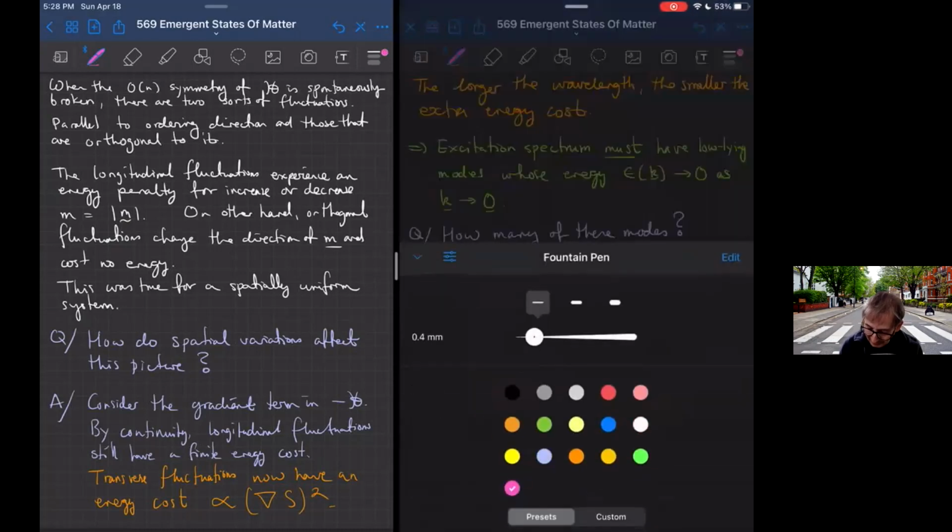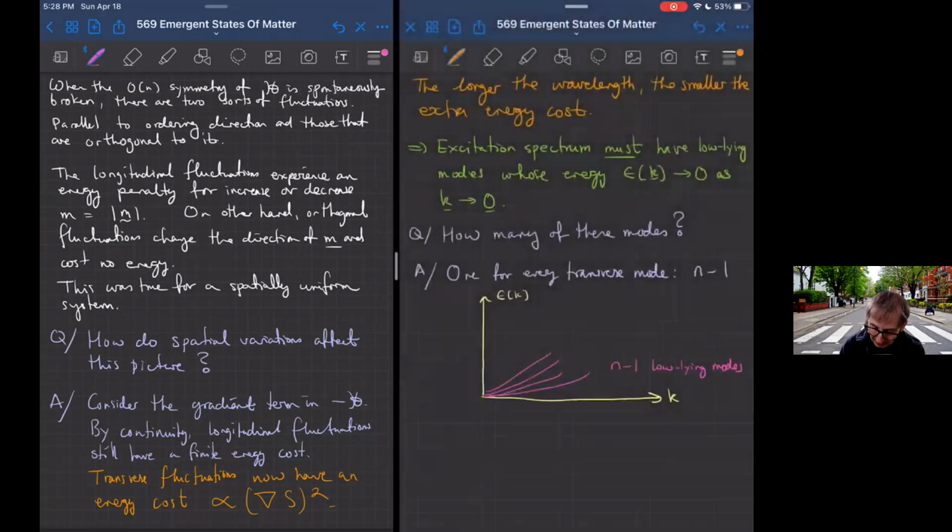And then there's going to be another mode, which is not low-lying at all. So this is the longitudinal, we say gapped mode, because there's a gap.